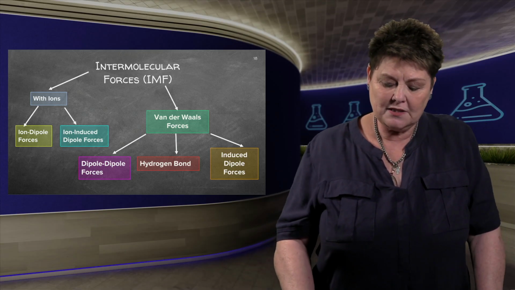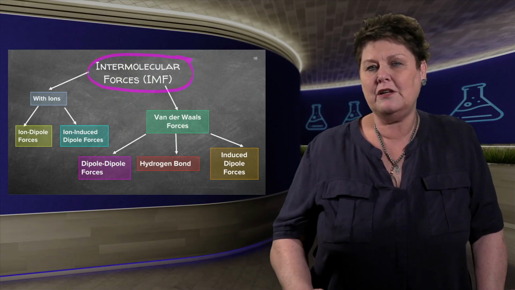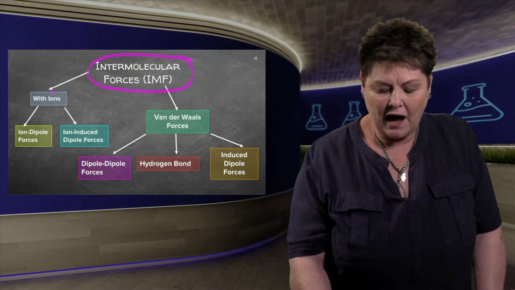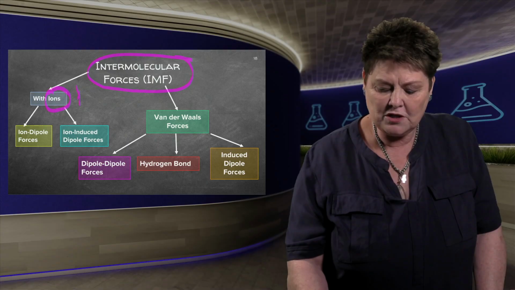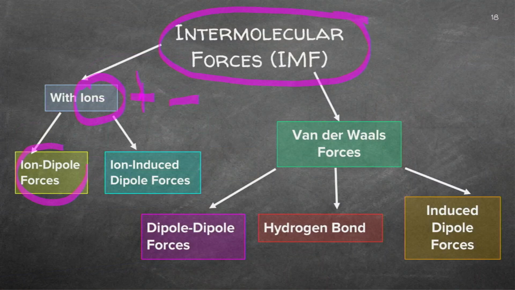Just to summarize, we get in between molecules intermolecular forces. If there's an ion present, whether it's a positive or a negative ion, it will have an ion-dipole or an ion-induced dipole force. The three van der Waals forces you've got to know.